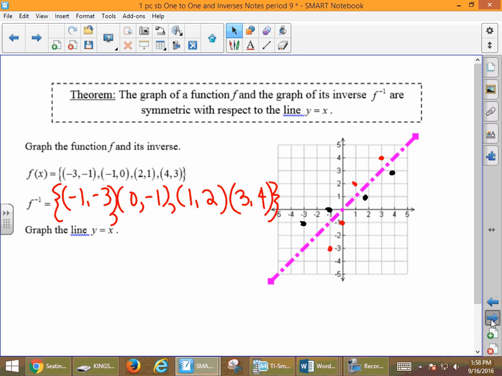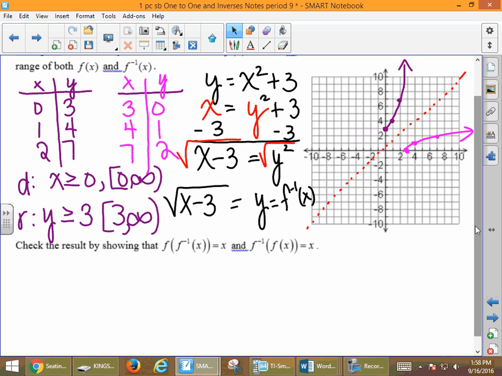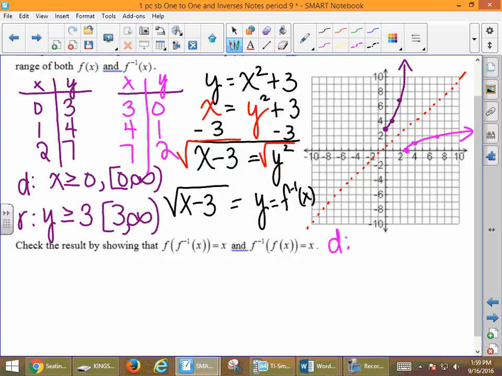Do we really need to do any extra work over here? Hopefully not. Hopefully you will see that the domain of our lighter purple graph is going to be x is greater than or equal to 3. And our range is going to be y is greater than or equal to 0.